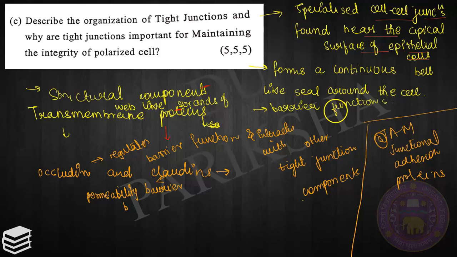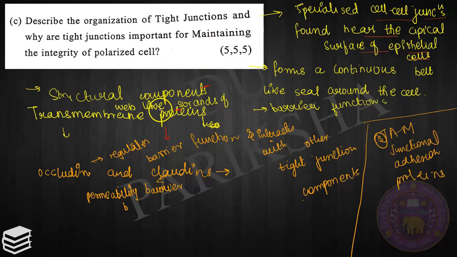They also function as a barrier as well as ये होल्ड करेंगे सेल्स को टुगेदर और मेंटेन करते हैं पोलैरिटी ऑफ दी सेल्स बाय प्रिवेंटिंग व्हाट? लेटरल डिफ्यूजन ऑफ इंटीग्रल मेम्ब्रेन प्रोटीन बिटवीन apical and lateral basal surface.